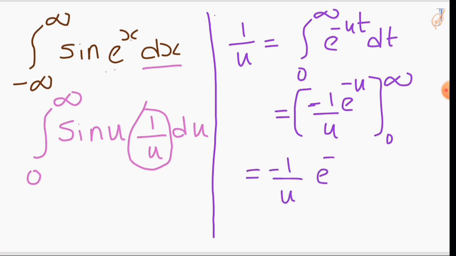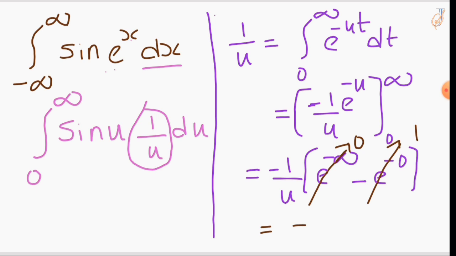e^(minus infinity) minus e^(minus 0). We know that e^(minus infinity), e raised to a very large negative number, approaches 0. So this value is 0, and the other value is 1. So minus 1 over u times (0 minus 1).